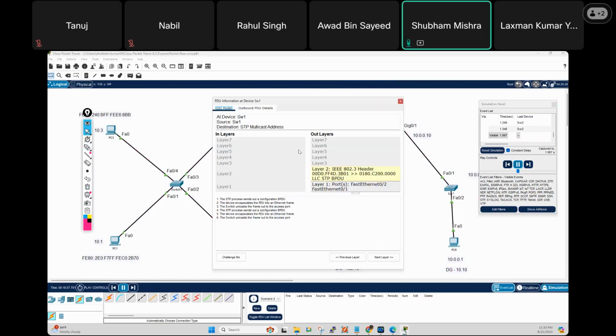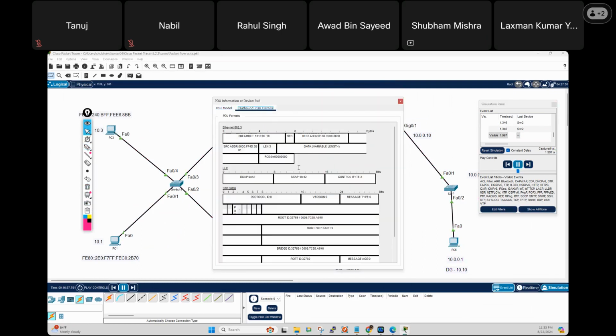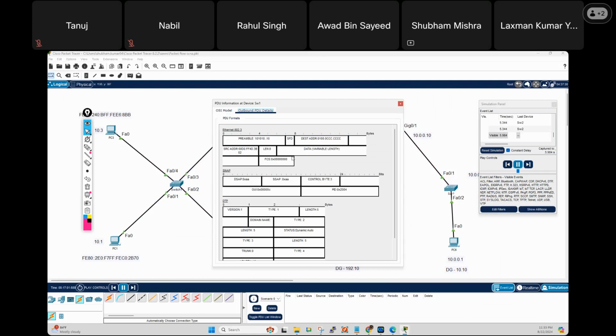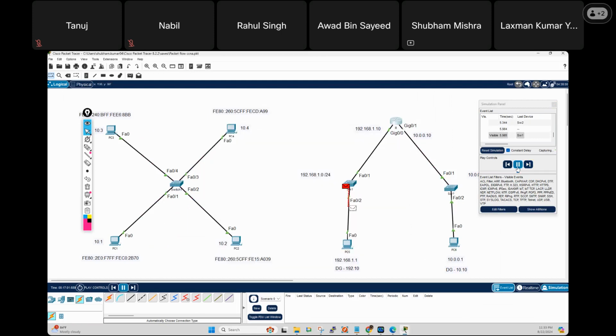This is a different packet, I think. Wait. This is the ICMP packet, I think.